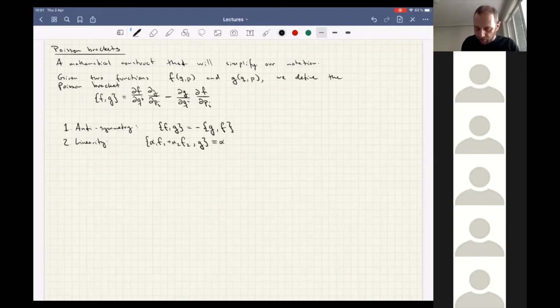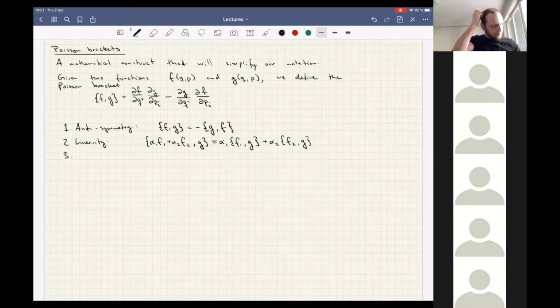So this is going to be alpha 1 times the bracket of f1 and g, plus alpha 2 times the bracket of f2 and g. And this follows directly from both of these two derivatives being linear. And since it's linear in the first argument and we have this anti-symmetry property, it's of course also going to be linear in the second argument.